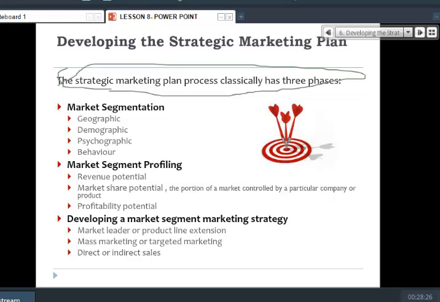So we can see that here the three phases for the marketing plan focus more on the segment. This is the key point.